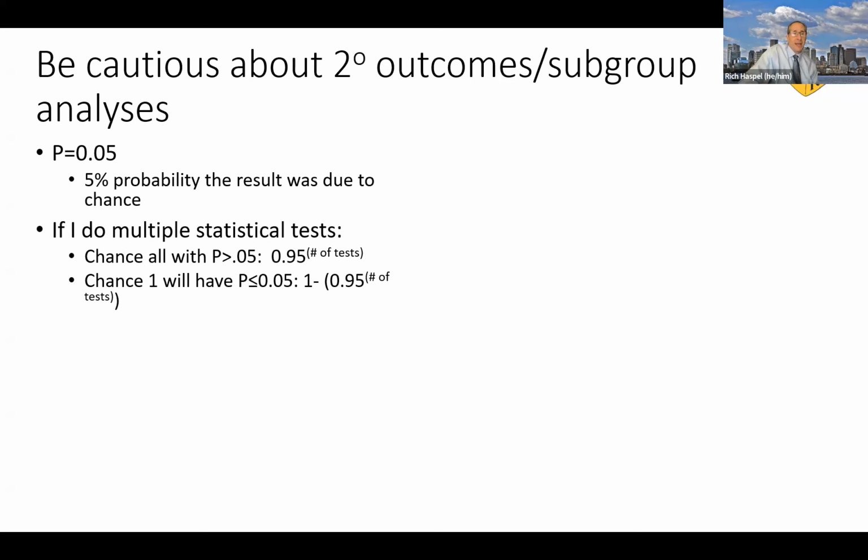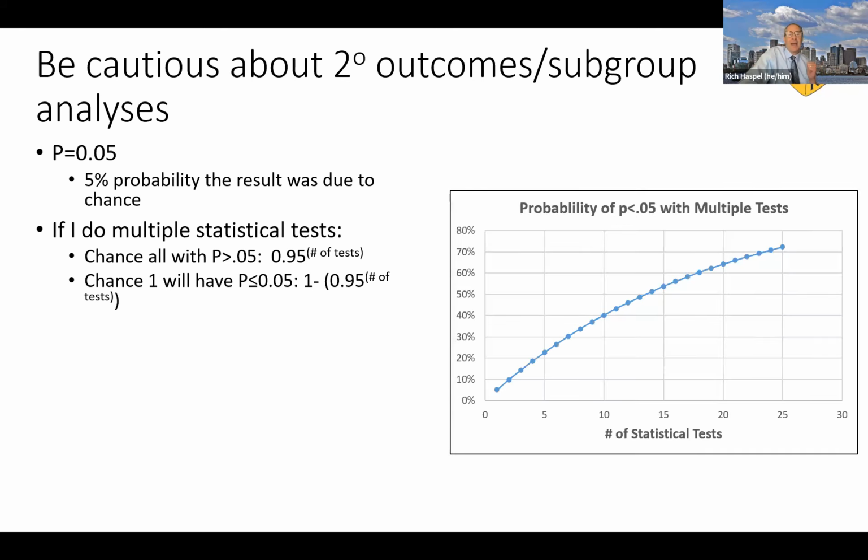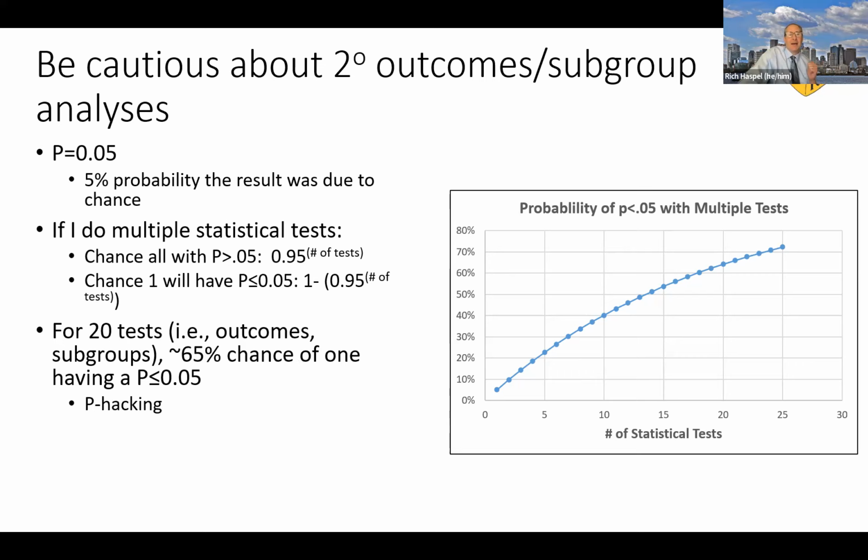So 1 minus 0.95 to the number of tests will be the chance that one of those subgroup analyses will have a p-value less than 0.05. If you put in 20 statistical tests, that's 65% of the time. So if I do 20 statistical tests on my data, 65% of the time, I'll find one that is less than 0.05.